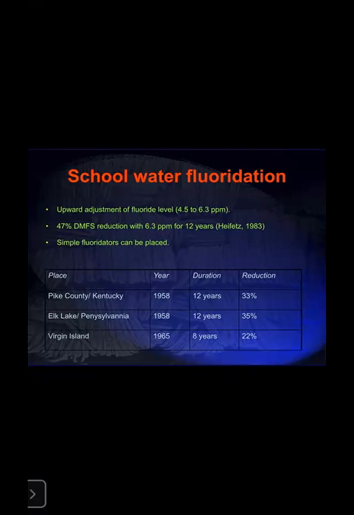Now, there are various other studies like Pike County and Kentucky. In 1958, a 12 year study was done, and a 33% reduction was seen in dental caries. Similarly, Lake and Peninsula, Virgin Island, in all of these a reduction in dental caries was seen.